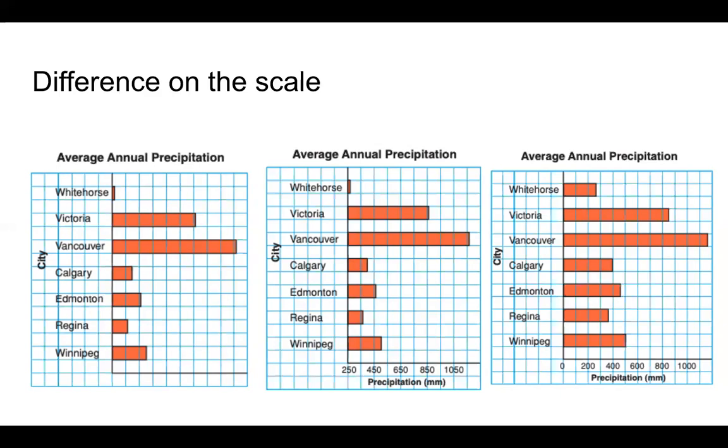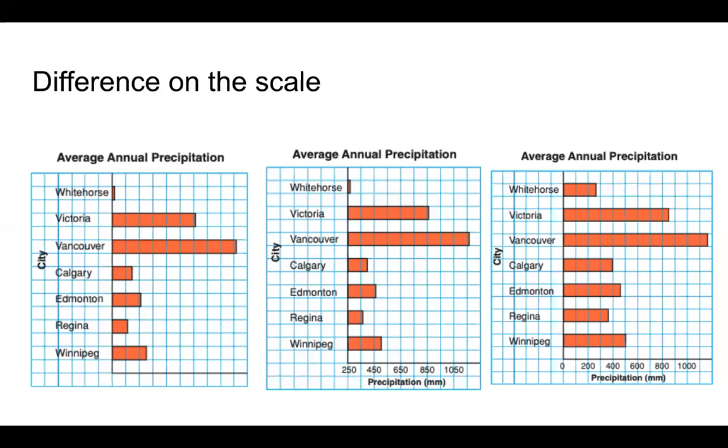But in the one on the far right, you're able to see that Whitehorse actually does get rainfall. If people were to look at this and decide, I want to go somewhere where it doesn't rain, they're going to pick Whitehorse, because based on the first graph there's obviously no rain there, and in the second graph they might see a little bit.